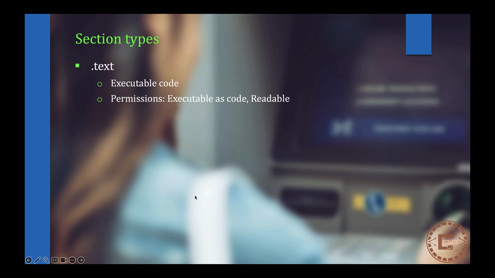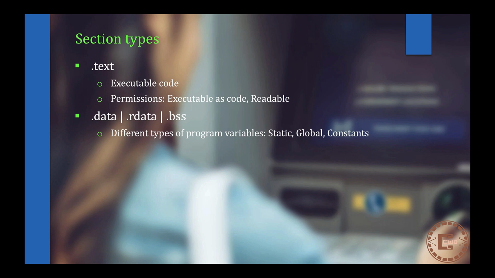Okay, like text, as I said, the text section is used for executable code. All the code that is being executed by the file is in the text section. Okay, the data, R data, and BSS sections, those are more for static or global constants. Normally those are used for that.